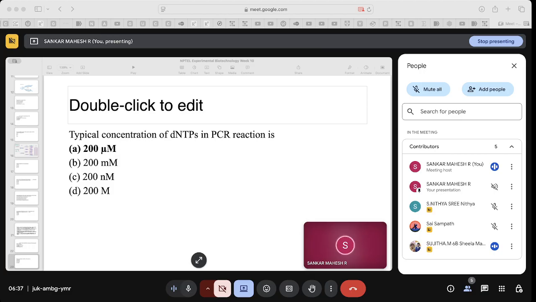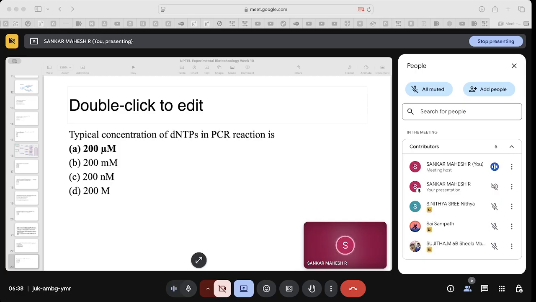No, no, I'm asking about this nucleotide. So in total I have 200 micromolar. Now we have four of these nucleotides. How much of each of these nucleotides do I have? That is the question. Yes, yes, that is right. Right, good.